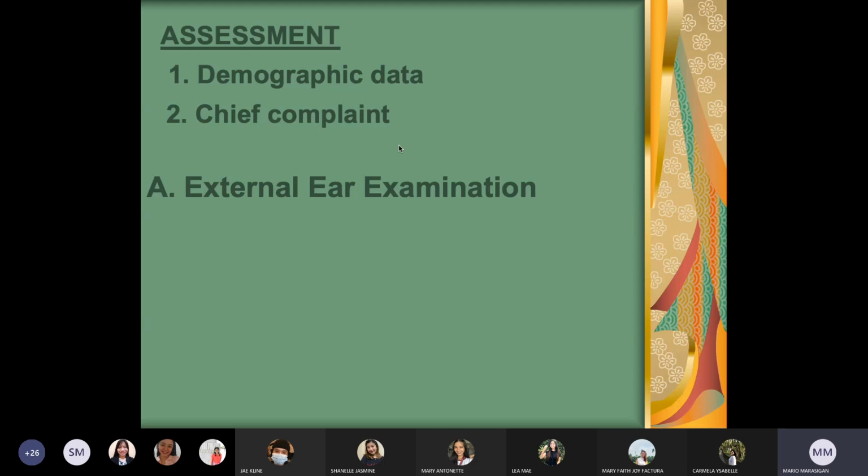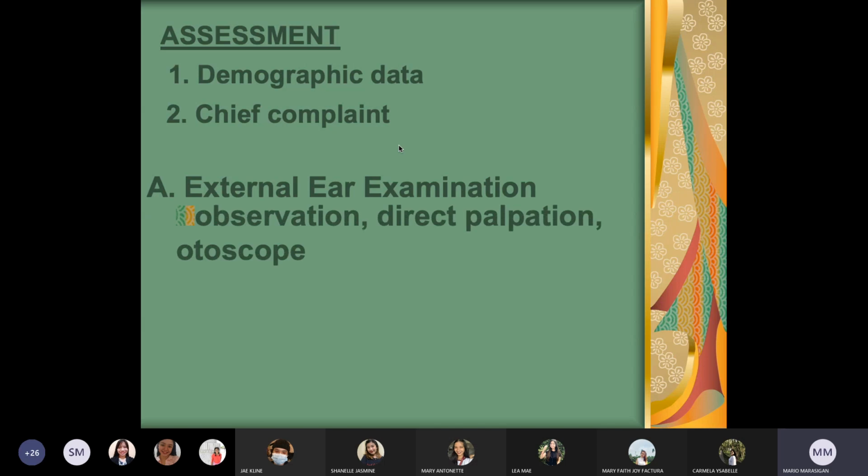Okay, in assessing the external ear, inspection of the external ear is a common or very simple procedure. Okay, sometimes due to its commonality, it is overlooked by examiners. Okay, even the shape of the ear, the symmetry of the ear, sometimes they overlook it, they don't notice it right away. Okay. So it is being examined by inspection and palpation, of course.